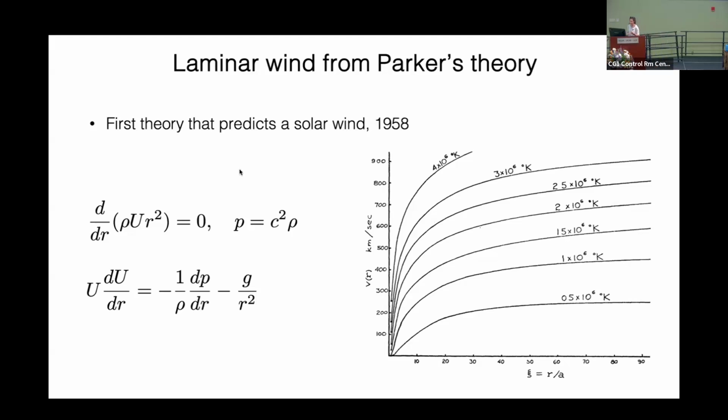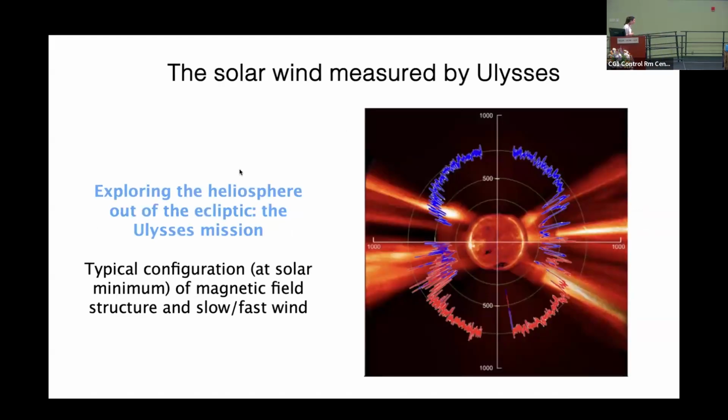Okay, so let's take a look at how the solar wind looks like. Have you already seen this plot before? Yes, all of you in this school, probably. Okay, so I'm gonna go quick. So this is a composite image, okay, and it's a polar plot of the velocity measured as a function of latitude.